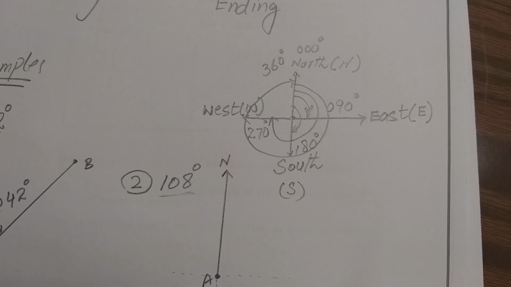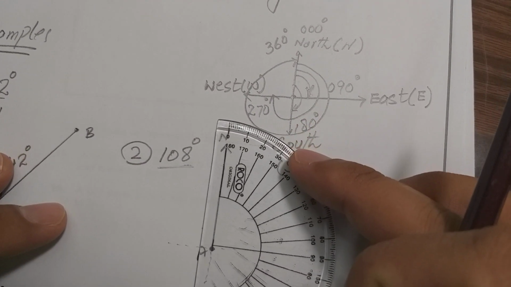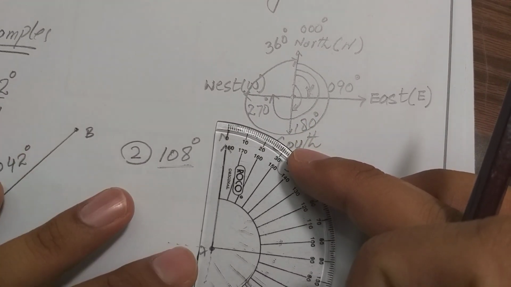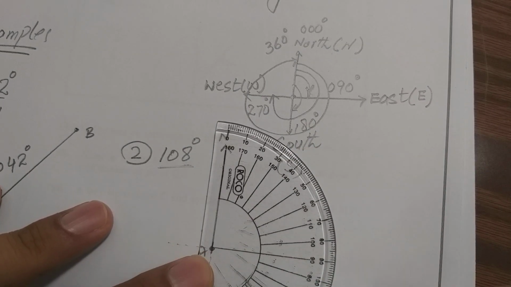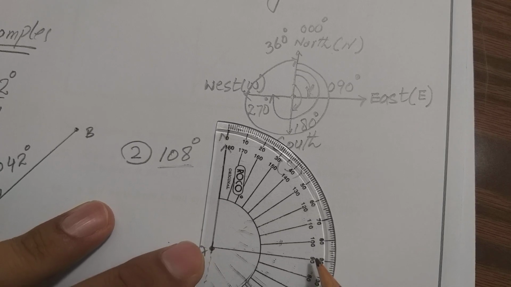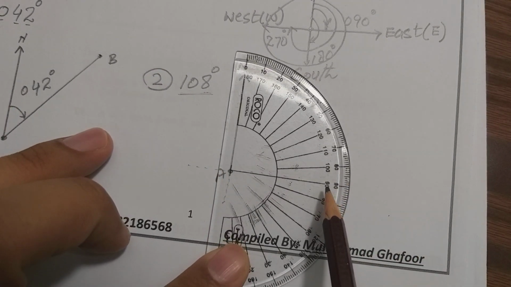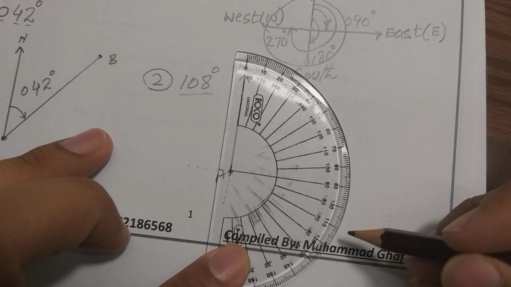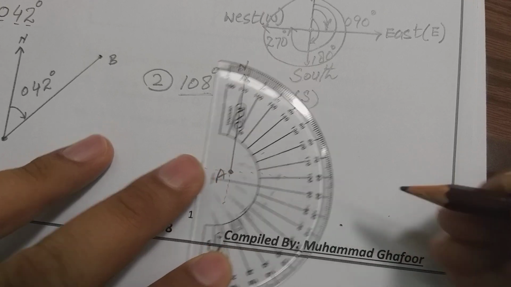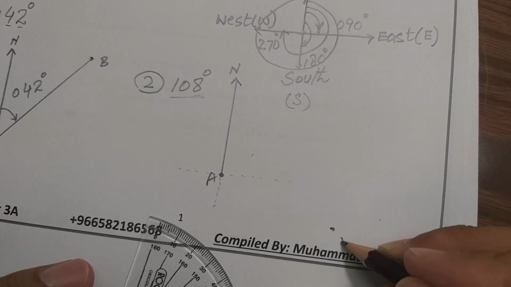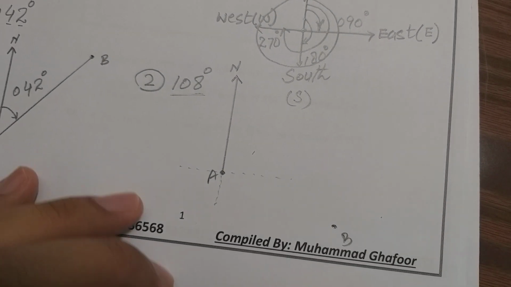I need to find the second point, B, starting from A. This is 90 degrees, this is 180. It is 110 here, so 2 points less, 1 and 2, is 108. So this is point B. We join A and B.